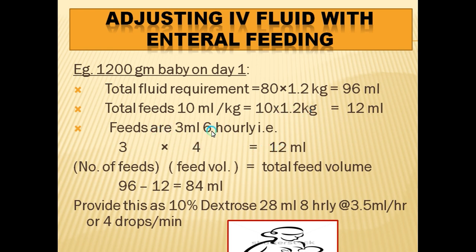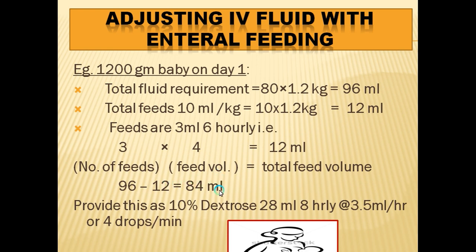If it is 6 hourly, that means the baby needs to be given the feed 4 times a day, since 6 fours are 24. So our answer is 3 ml 4 times a day. In that way the baby will get 12 ml.